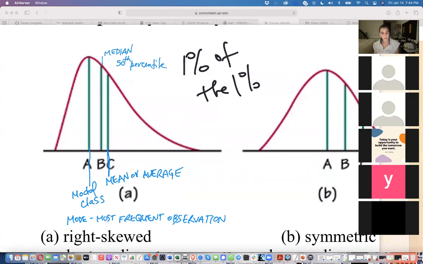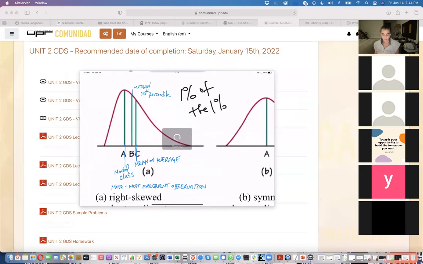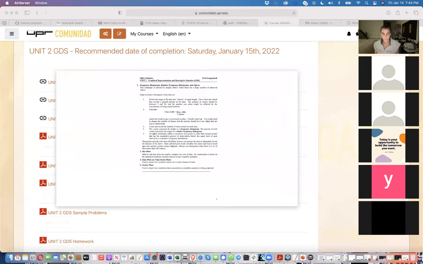So the 50th percentile is the observation where 50% of the other observations are on the left, and then that makes it so that 50% of the observations are on the right. So let's look at our exercise and let's calculate the median for our right skewed data.